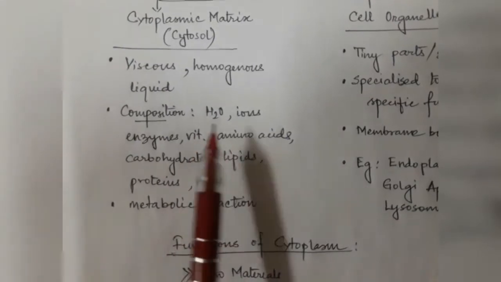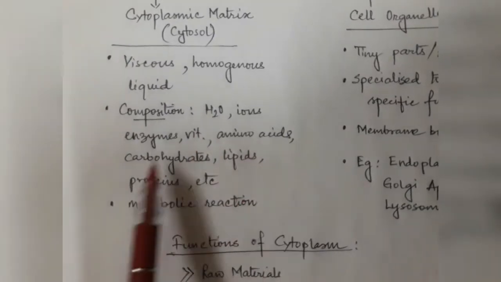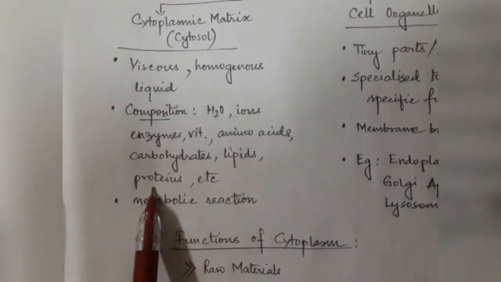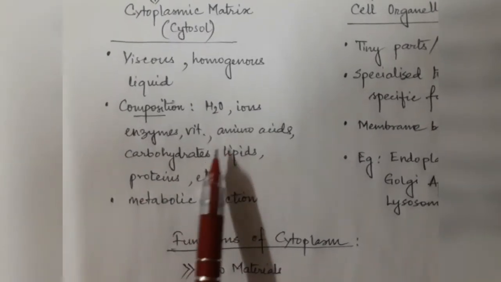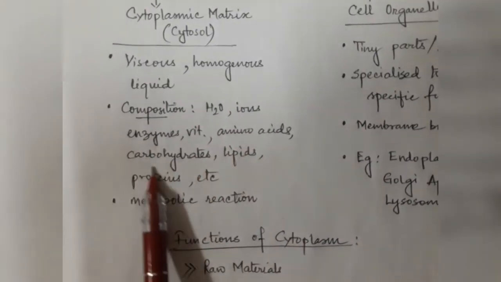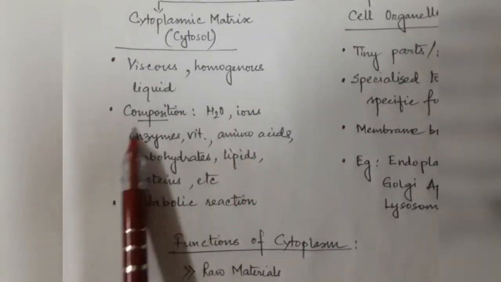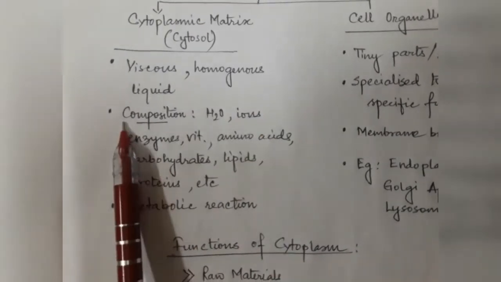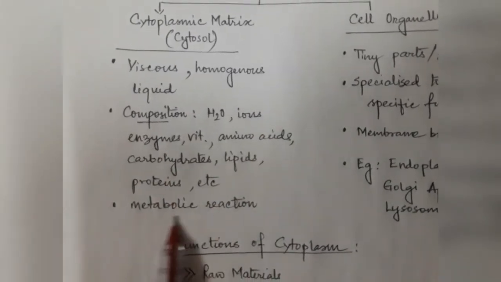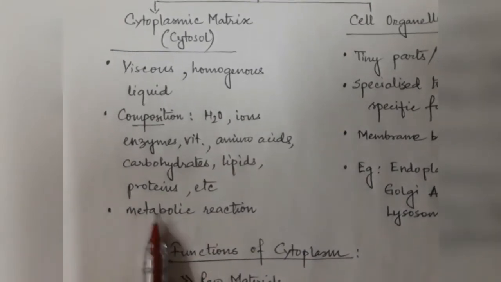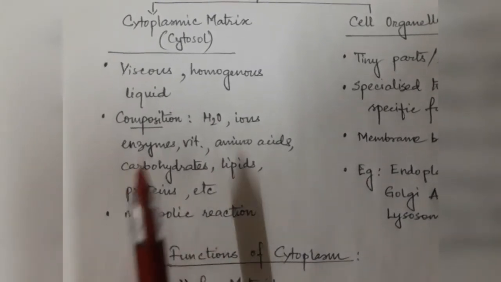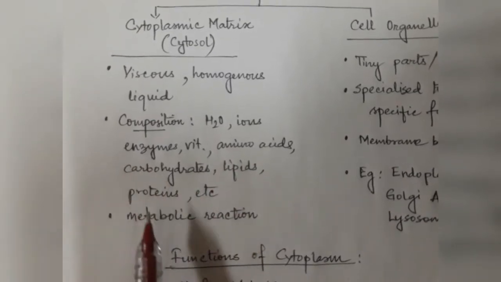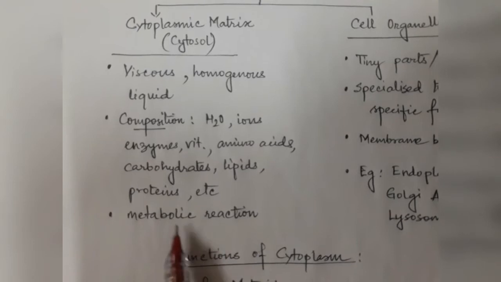Vitamins, amino acids, carbohydrates, lipids, proteins, etc. So this entire matrix, fluid, liquid, is formed out of all these materials, and metabolic reaction takes place within this cytosol, within this matrix, within this fluid component of a cell.